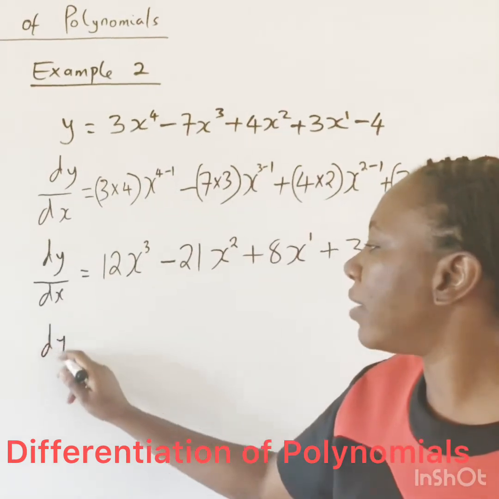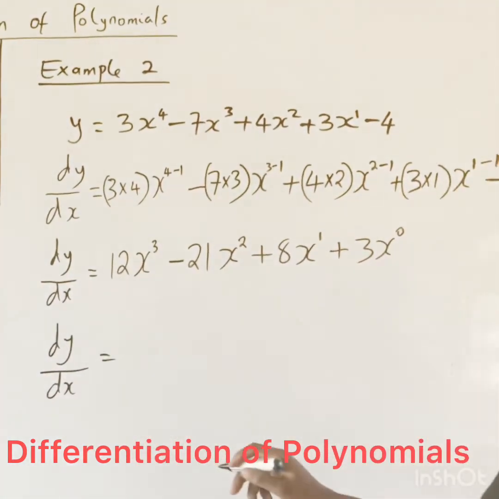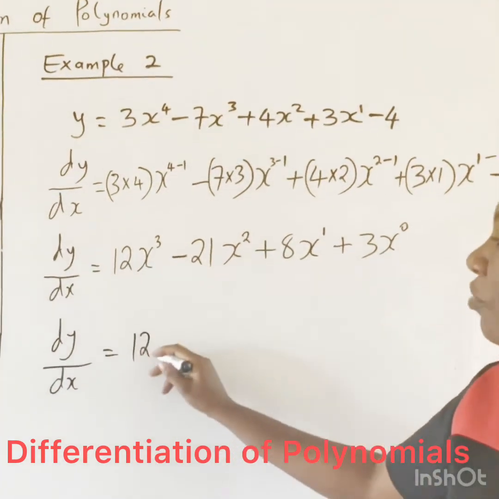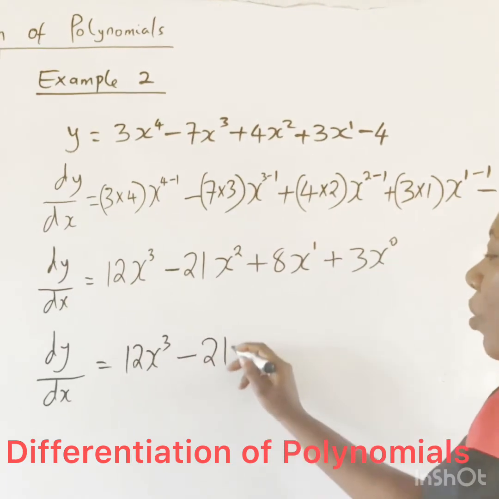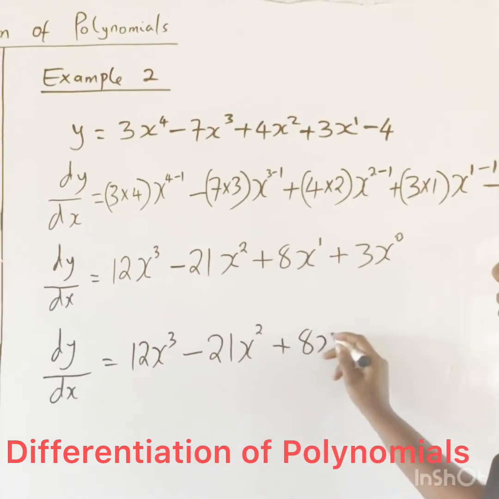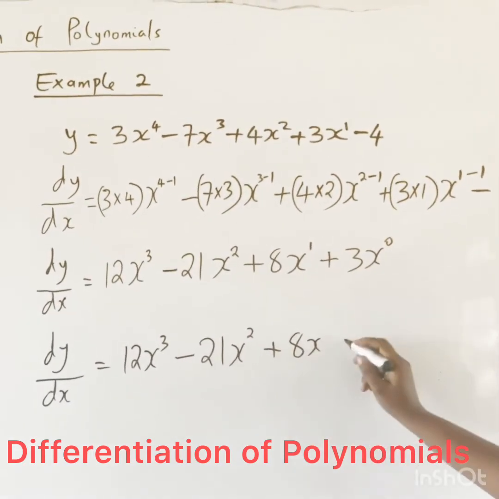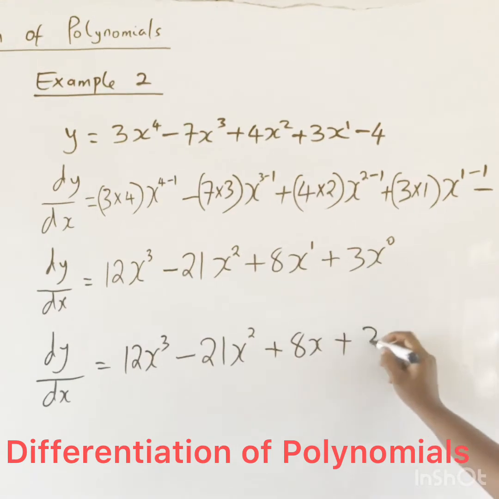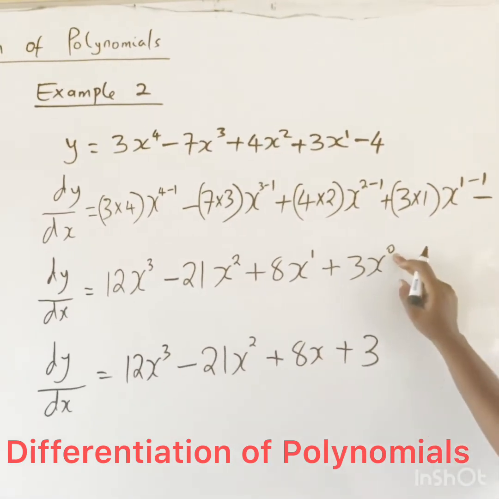Then my dy dx, let's simplify further. Here I have 12x cubed minus 21x squared plus 8x. Remember I told us before, you don't write raised to power 1. Okay, plus 3. A term or number raised to power 0 is 1.